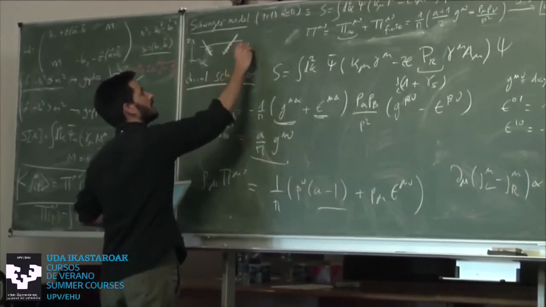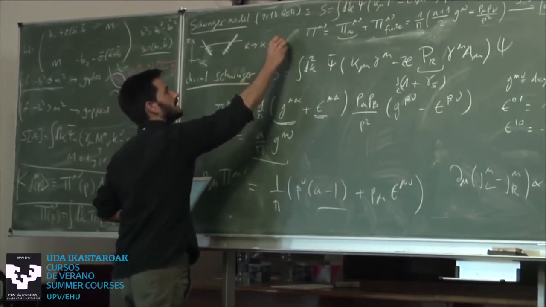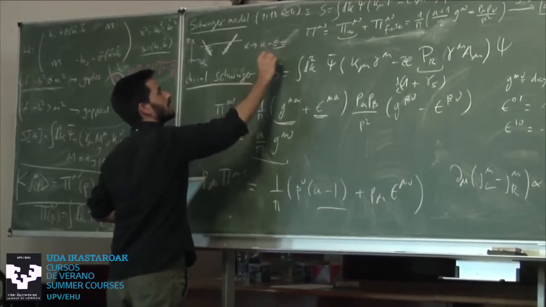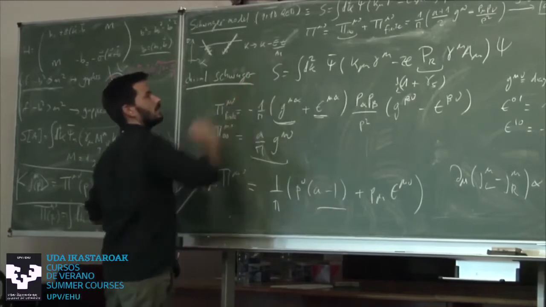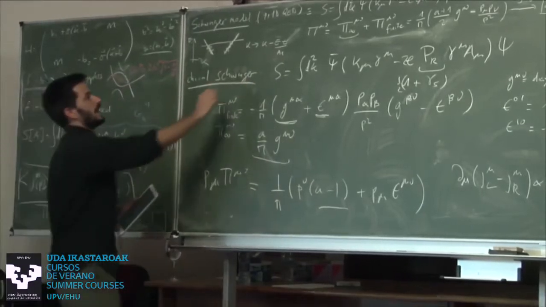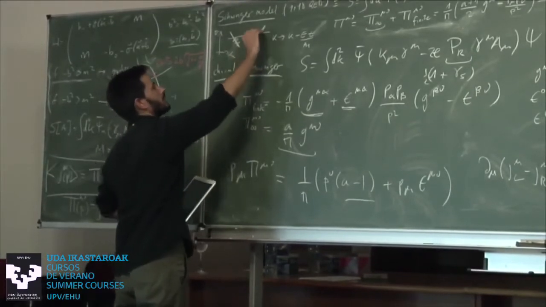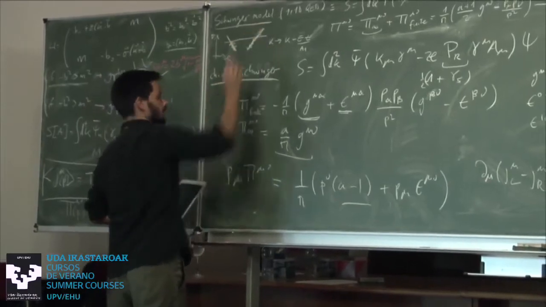What's an electric field? An electric field is just shifting K to K minus E t. So this is like A1, the first component of the gauge field. And so what I'm doing is that for the right movers, I'm moving some guys up. Well, let me draw it in another color.